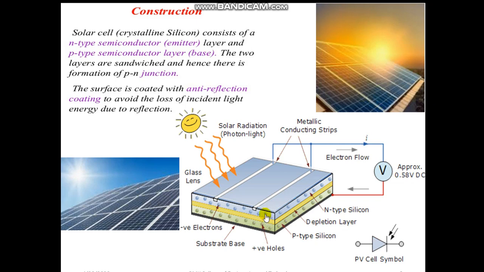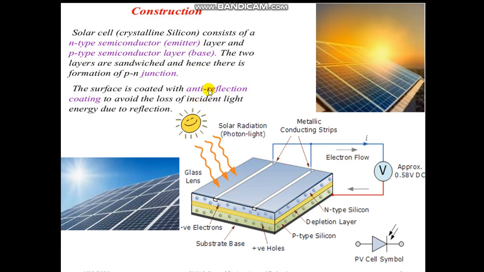So there are two layers, a p-type semiconductor and an n-type semiconductor, and on the n-type silicon we have a glass lens. The glass lens is called the anti-reflection coating.